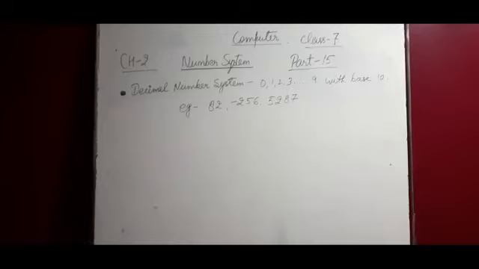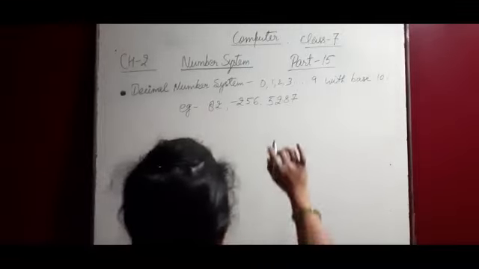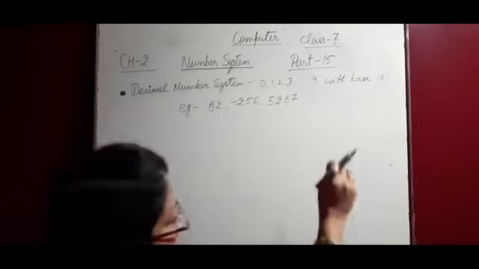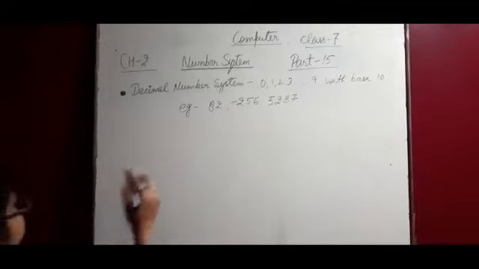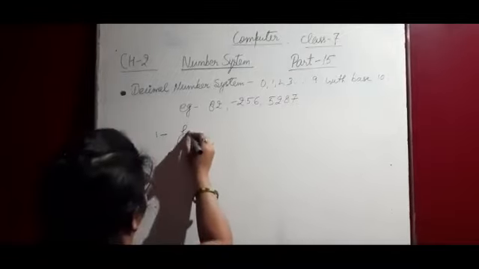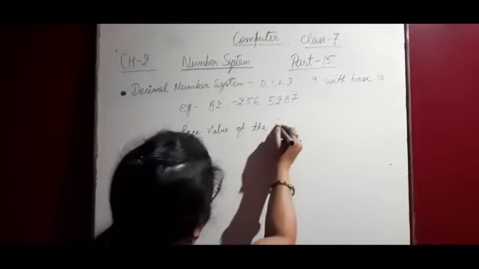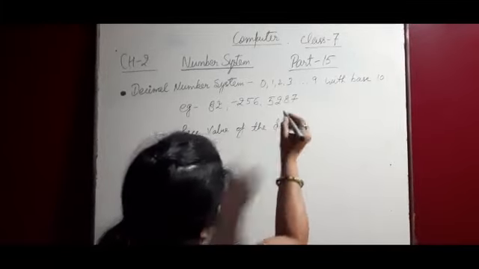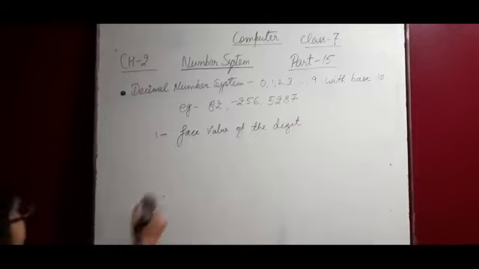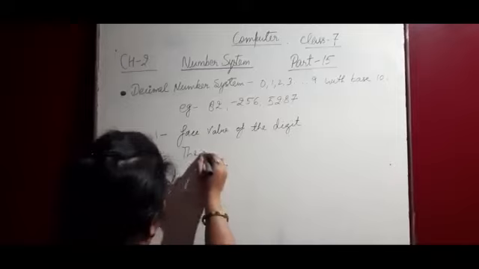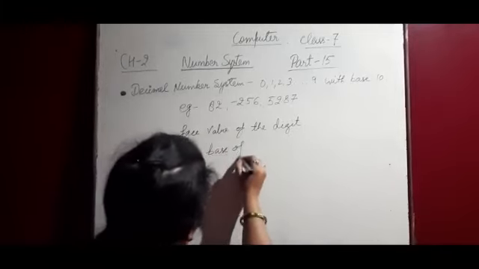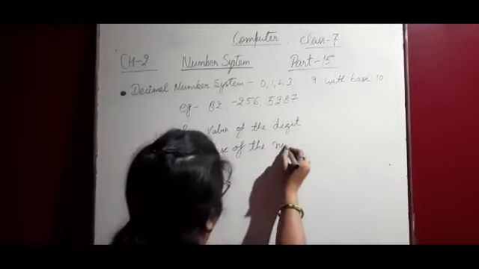The value of each digit in a number depends upon the following. The first point is the face value of the digit. The second point is the base of the number system.